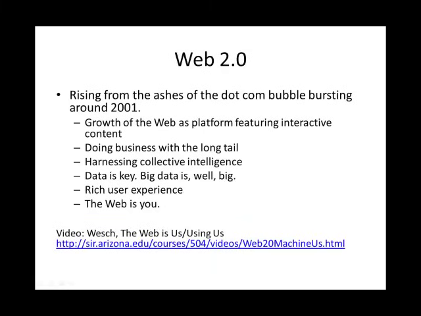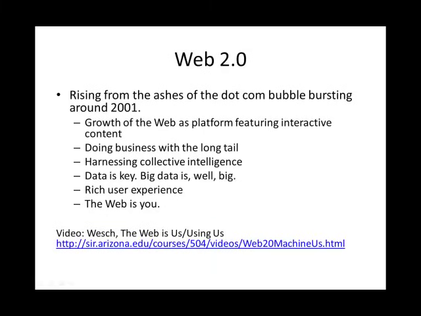But what it really does is talk about how the web has shaped itself since the dot-com bubble burst around 2001. As you may recall, a lot of companies in the late 1990s were moving to the web, and a lot of venture capital money was going to the web. All you had to do was put an E in front of your name practically, and you were getting showered with investment money.